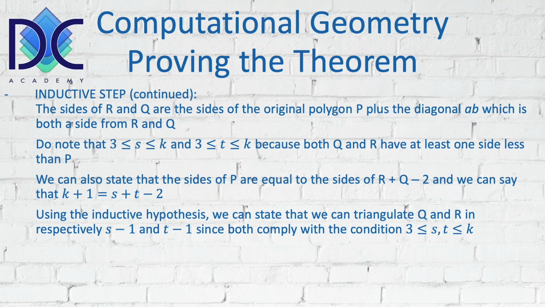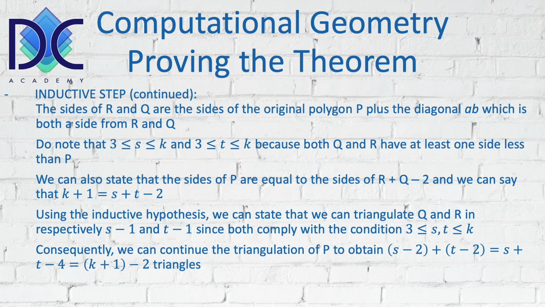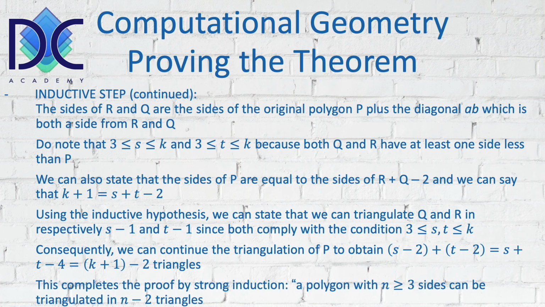Using the inductive hypothesis, we can state that we can triangulate Q and R in respectively S minus 2 and T minus 2 triangles, since both comply with the conditions that they are between 3 and K, and consequently we can continue the triangulation to obtain S minus 2 plus T minus 2, which is S plus T minus 4, which is K plus 1 minus 2 triangles.